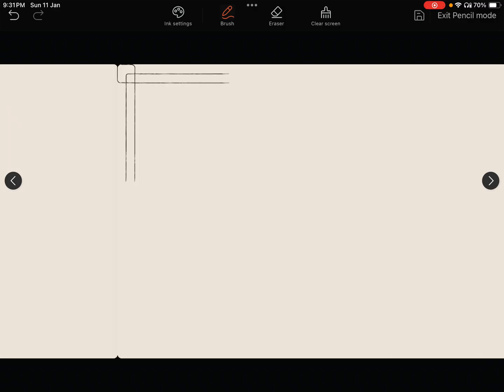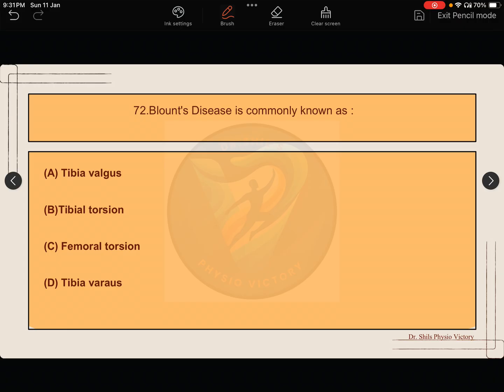Next, come to question number 72. Blount's disease is commonly known as option A, tibia valgus, option B, tibial torsion, option C, femoral torsion, option D, tibia varus. Here the correct answer is option D, tibia varus.